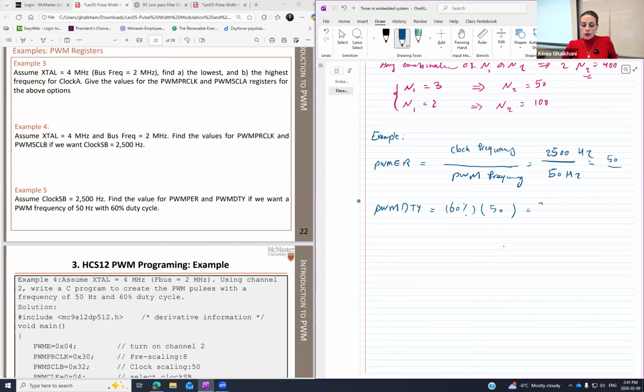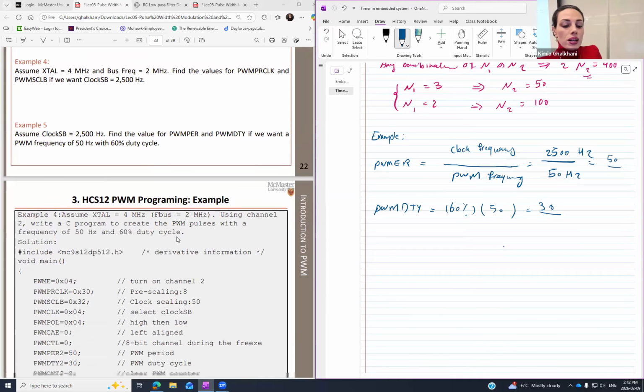So the PWM PER must be equal to 50, and the duty cycle is 60. So my PWM duty cycle is going to be either 60% or 0.6 times that 50, which is going to be 30. This is how we can calculate it. Any questions so far?